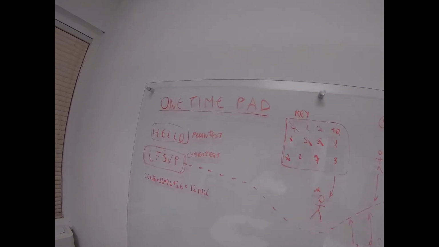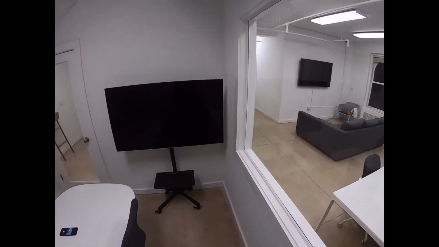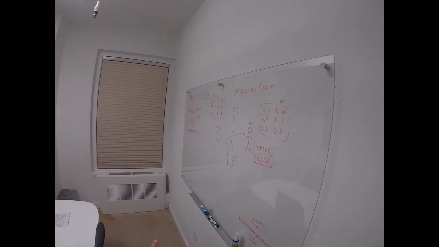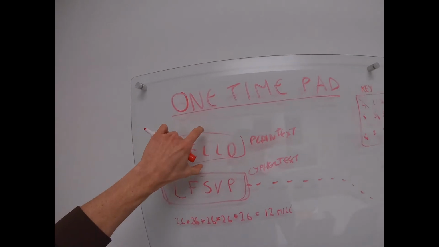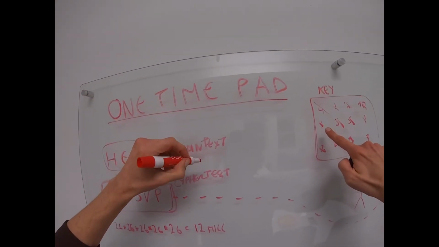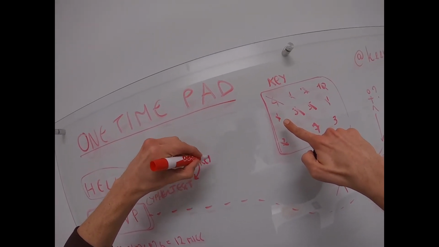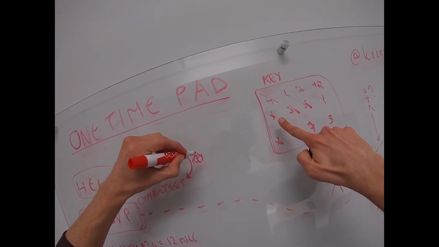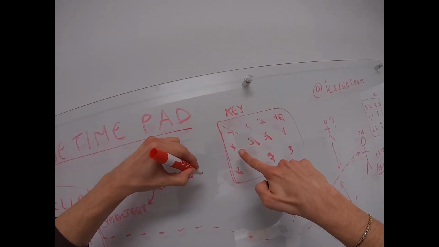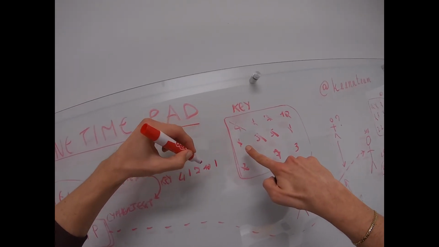Again, very important to know that the key is as long as the plaintext. Because the key to encrypt this was 1, 2, 3, 4, 5. The key to encrypt this was 4, 1, 7, 10, 1.